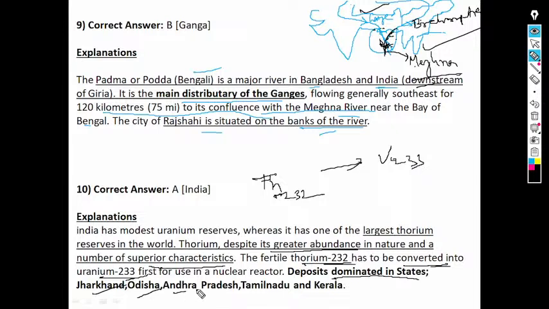of Jharkhand, Odisha, Andhra Pradesh, Tamil Nadu and Karnataka. Jharkhand, Odisha, Andhra, Tamil Nadu and Kerala.